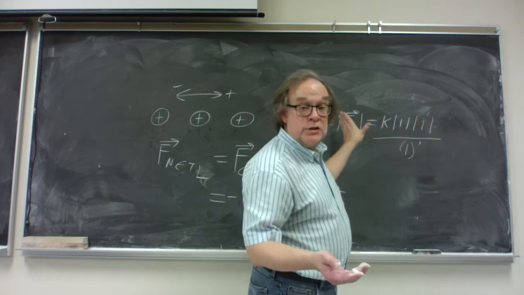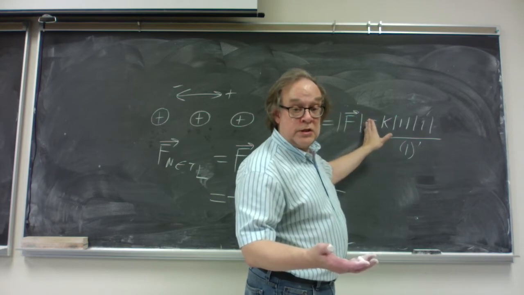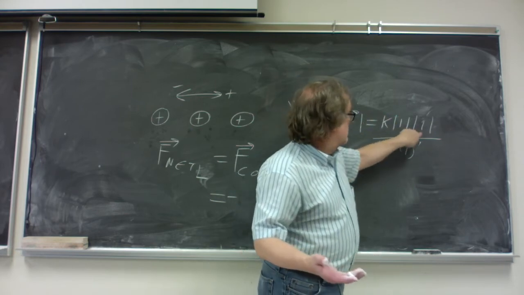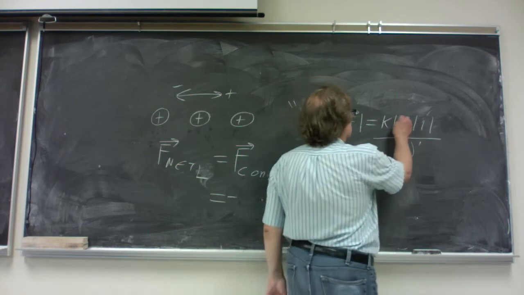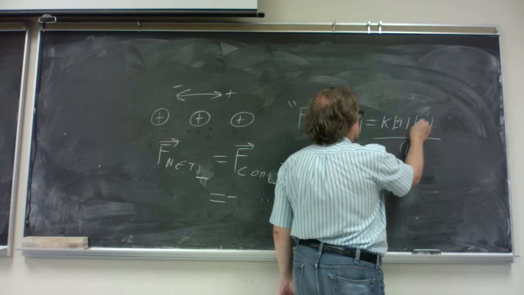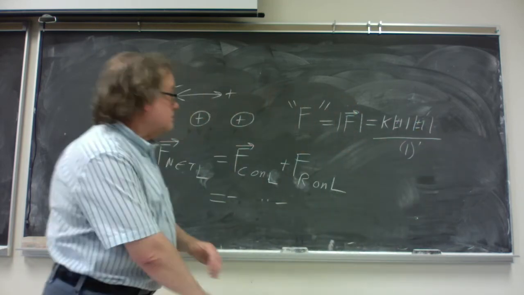What's important here, since we're talking about the strength, the magnitude, the size of a force, is the absolute value of the charges, not the sign. So we could just put a plus or minus in here. It's plus in this case, of course.